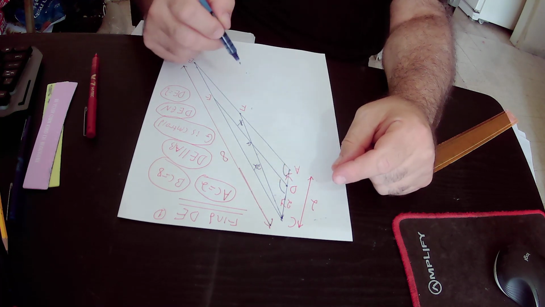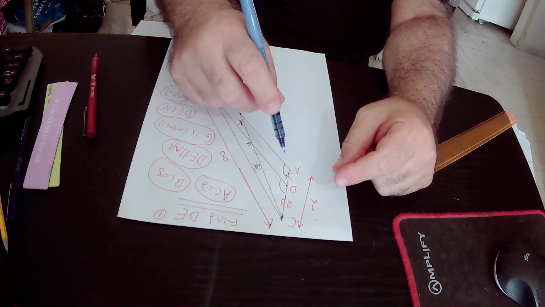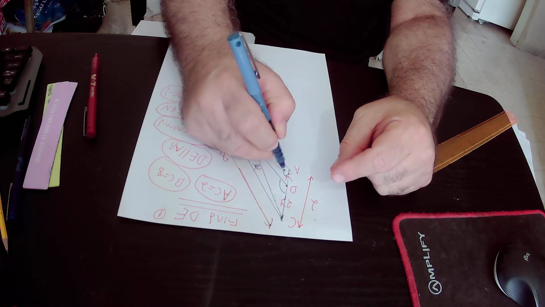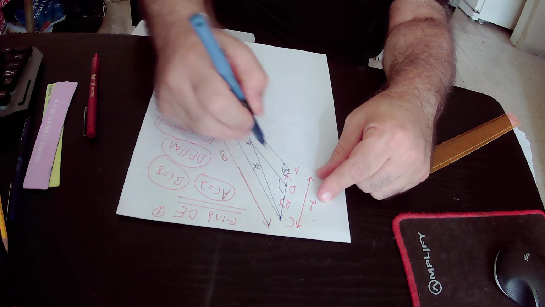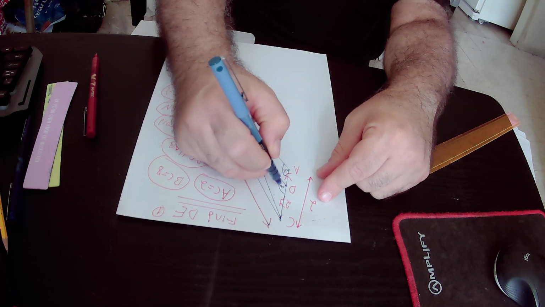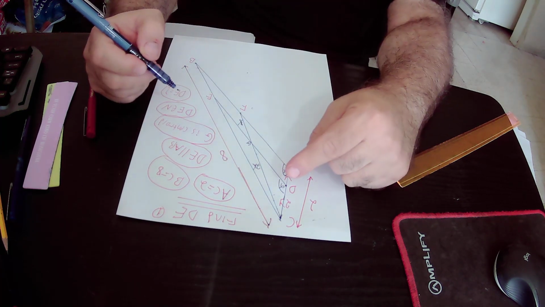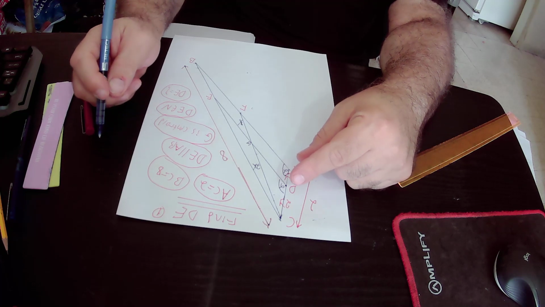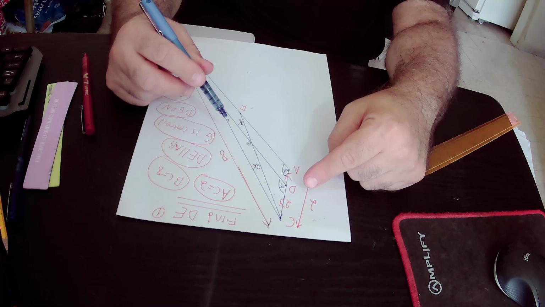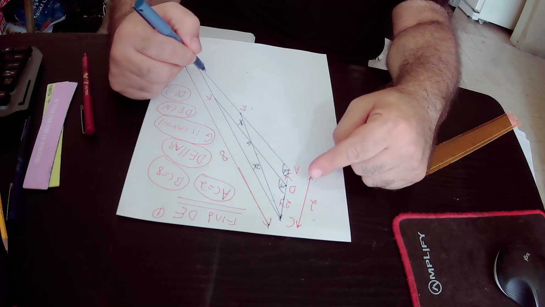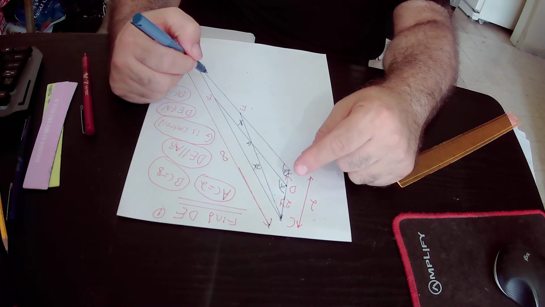Okay, so if angle BAC equals alpha, then angle CDE will also equal alpha because those two angles are corresponding angles located between parallel lines. DE is parallel to AB, therefore they are equal to each other.